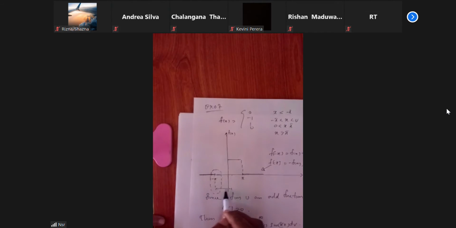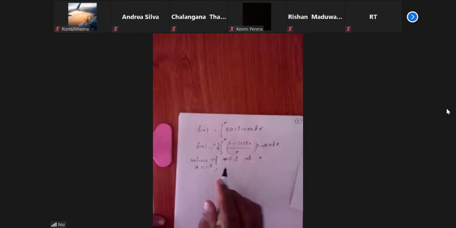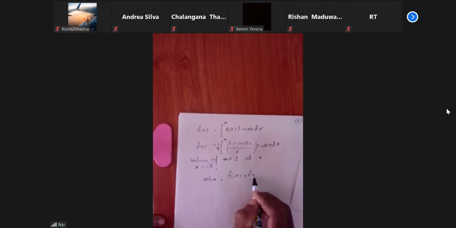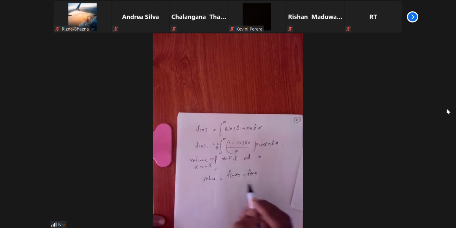The function changes from 0 to minus 1, and then the integral will converge to the value of f(minus pi plus) plus f(minus pi minus), divided by 2.